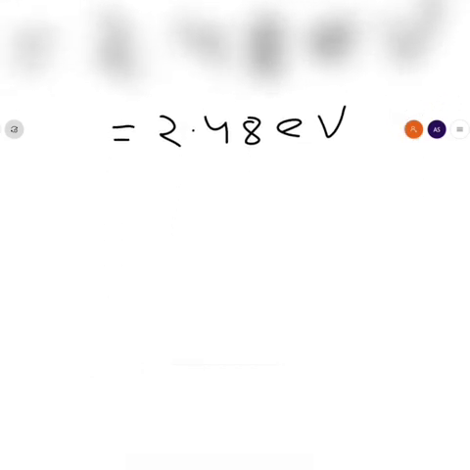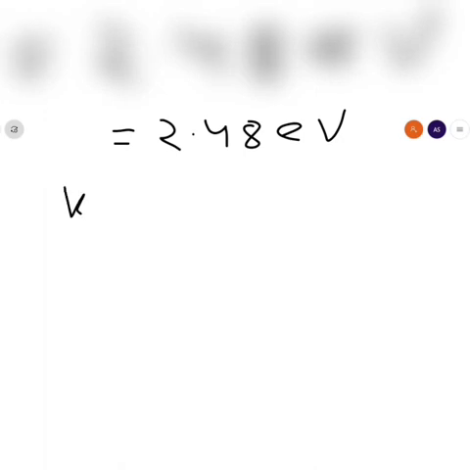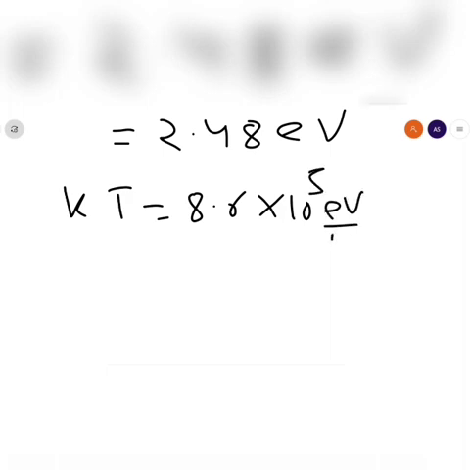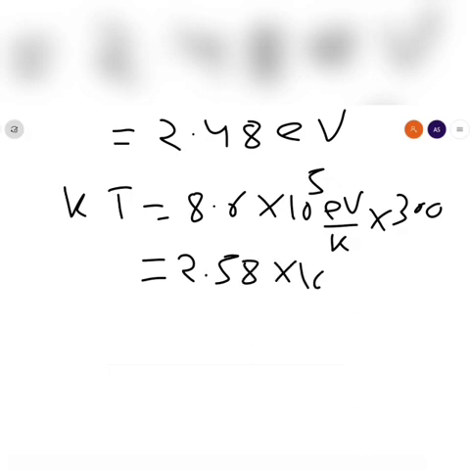Now the value of kT, where k is the Boltzmann constant. Its value is 8.6 into 10 to the power minus 5 electron volt per Kelvin, into room temperature 300 Kelvin. You will get the result 2.58 into 10 to the power minus 2 in electron volt.